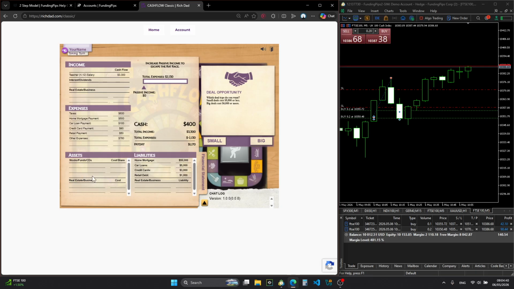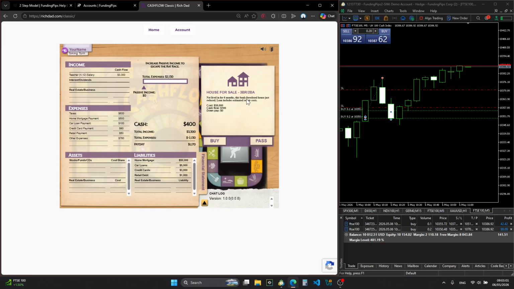Now what we have to do is build our assets and increase our income. So let's go small for now. There is one opportunity: a house for sale that no one has lived in for 6 months, not a foreclosed house, and no down payment is required.